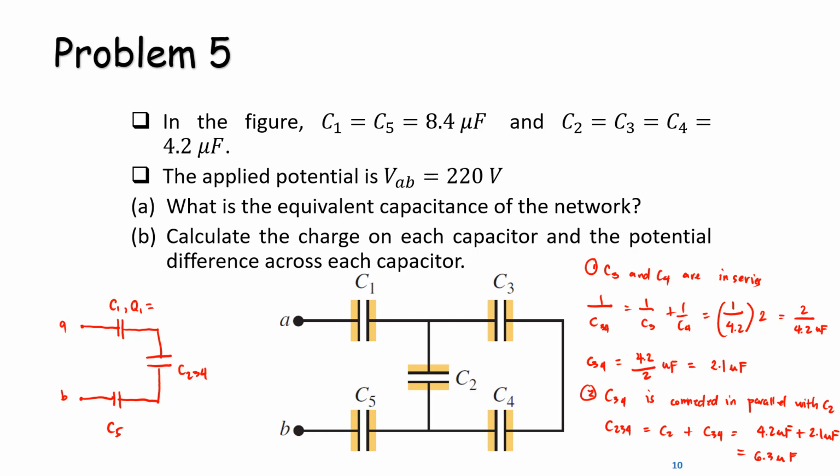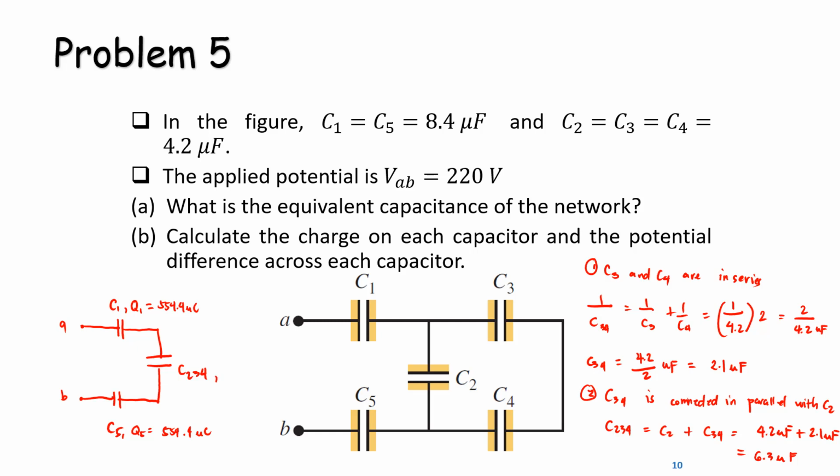So Q1 is equal to 554.4 microcoulomb also. The same with your Q5, which is also 554.4 microcoulomb.